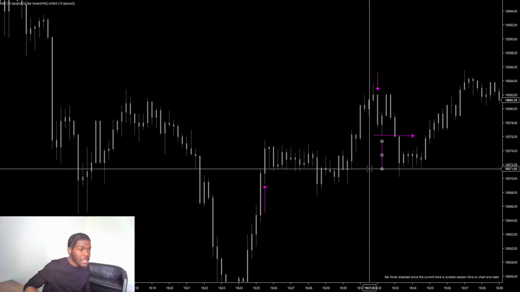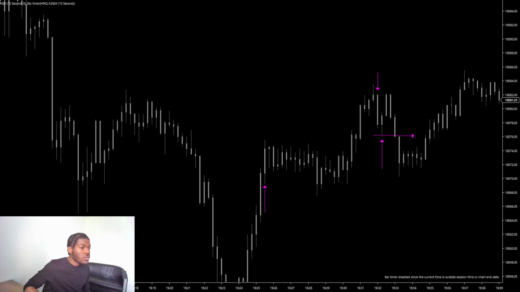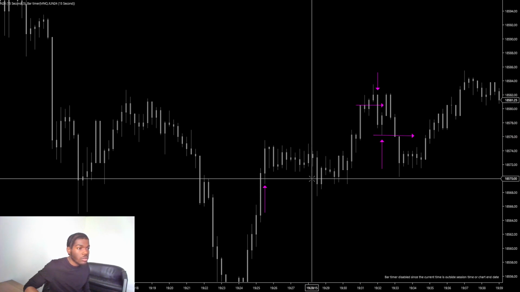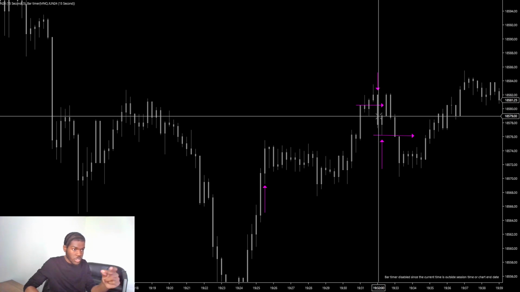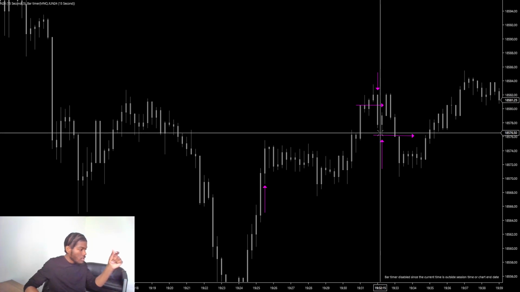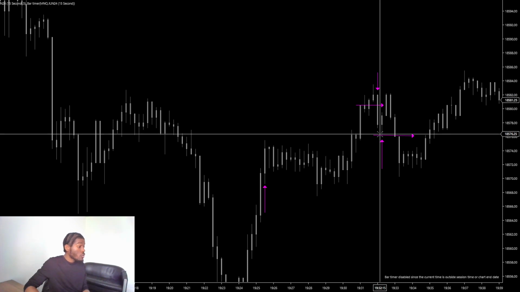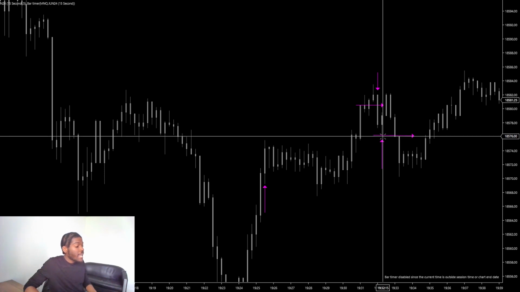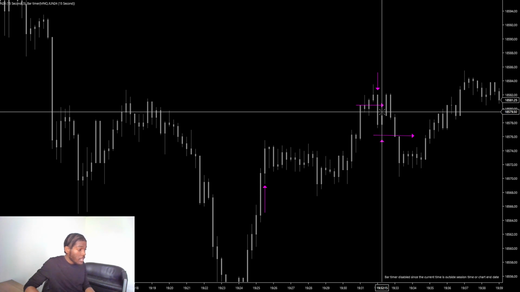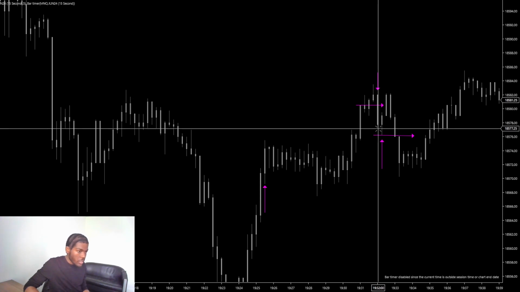Because what did I just explain when I was talking about this higher high? The principles are just inversed. I said a higher high created by a down candle belongs to the last up candle. So in this case, a lower low created by an up candle belongs to the last down candle.